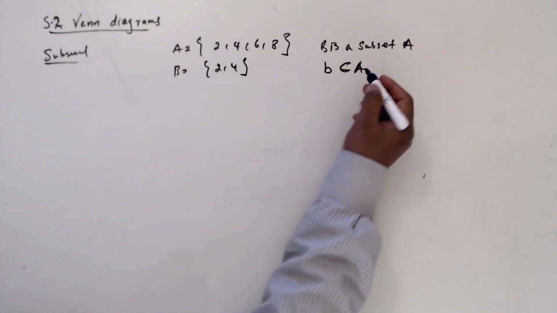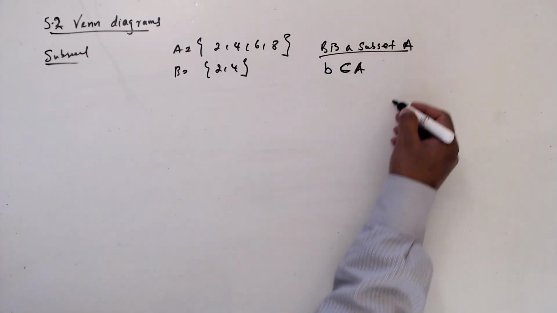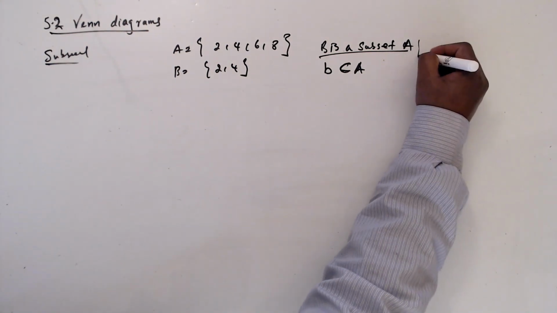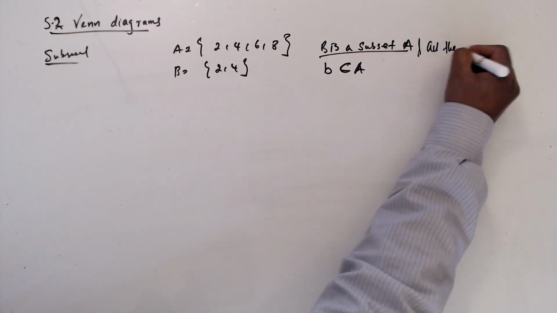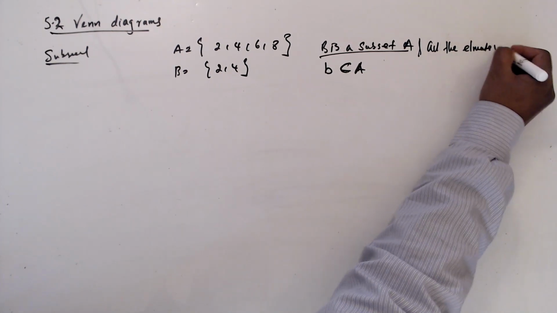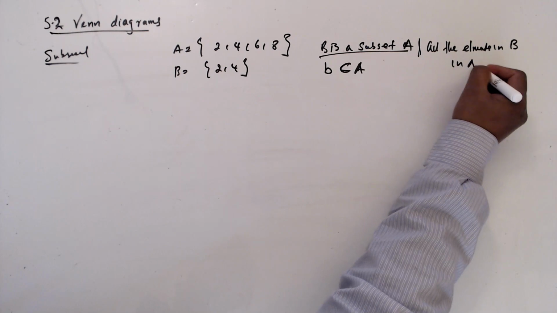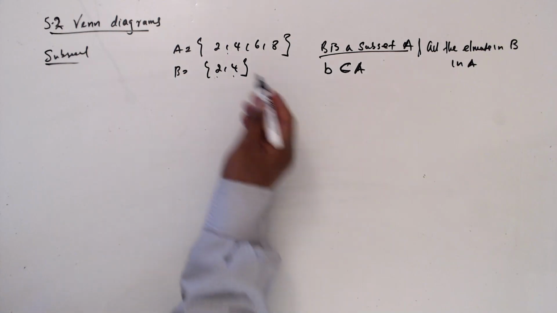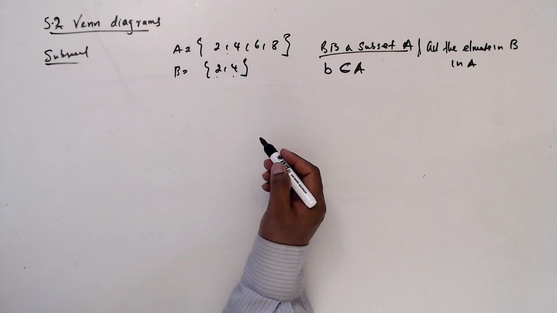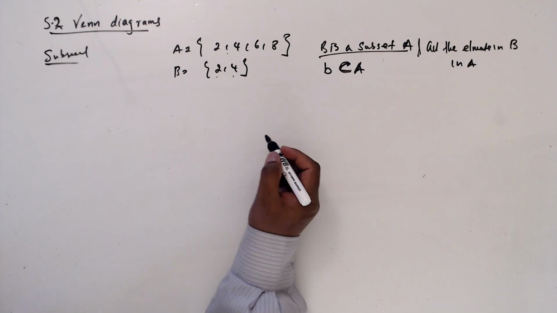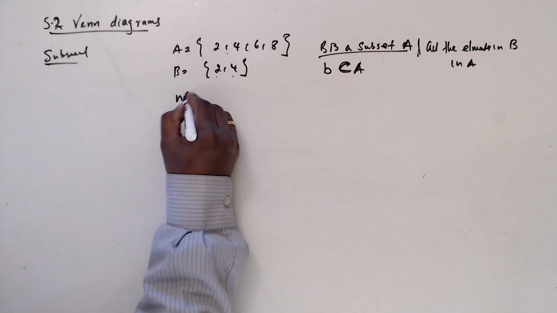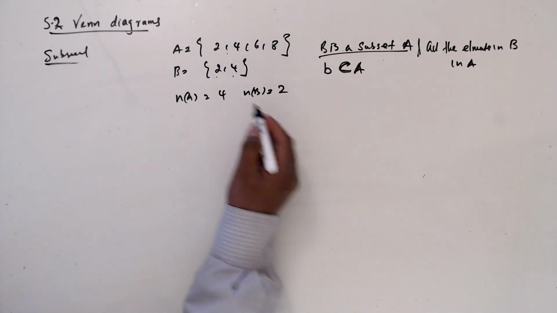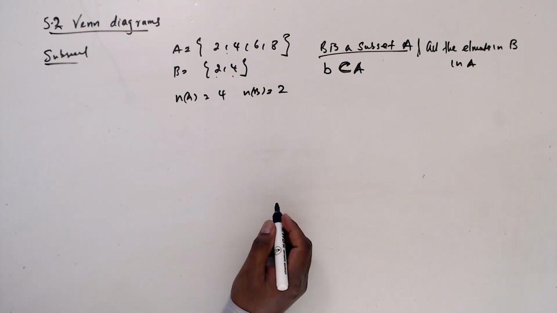What is the definition? All the elements in B are in A. Can you see all the elements of B, 2 and 4, in A? And A is bigger than this. So B is a subset of A. So n(A) equals 4, n(B) equals 2. Number of elements. So this is subset.